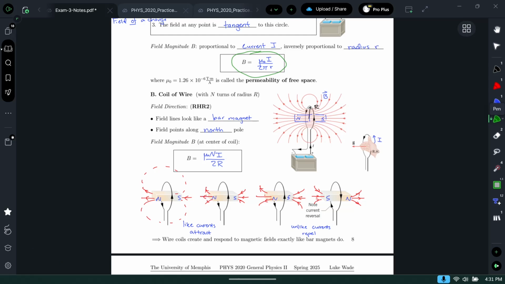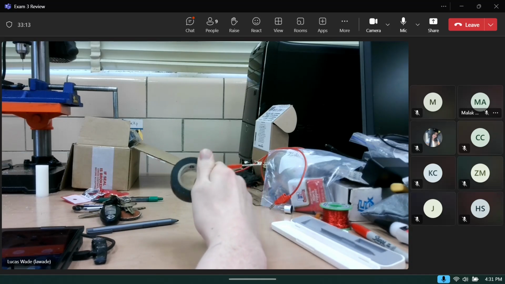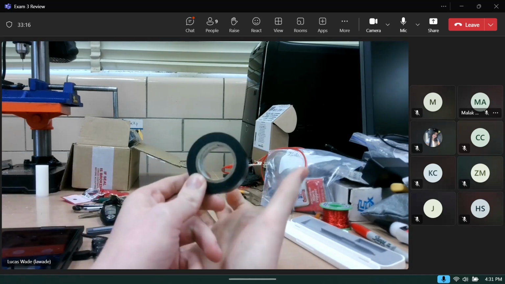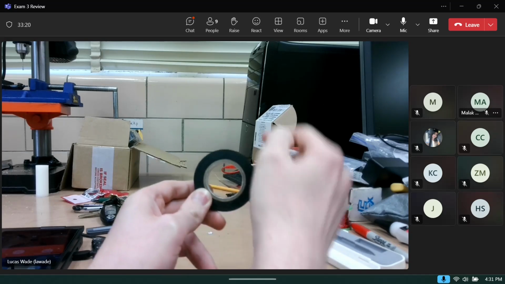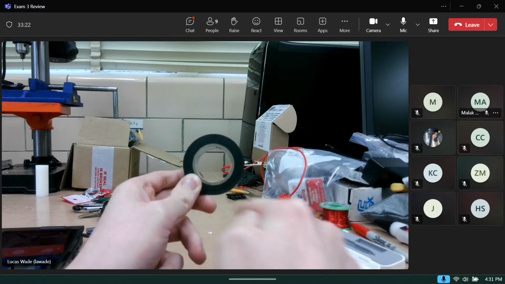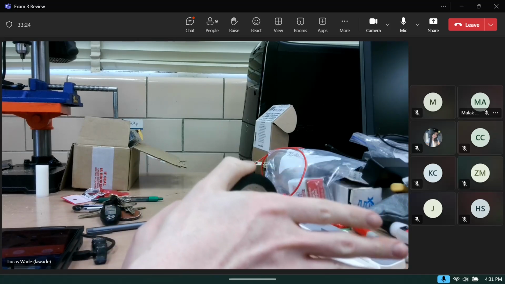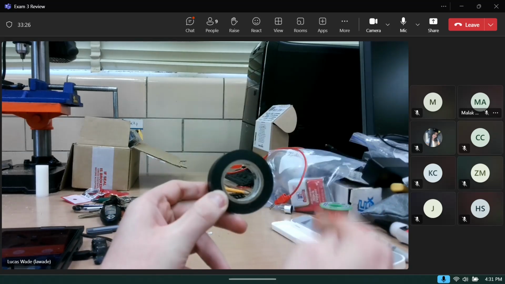For a loop of wire, for that, you're going to want to have a roll of tape or something circular, and you're free to bring that to the exam. So the idea here is your thumb is still saying which direction current's flowing, and that's going to be either counterclockwise, so around that way, or clockwise, around the other way.